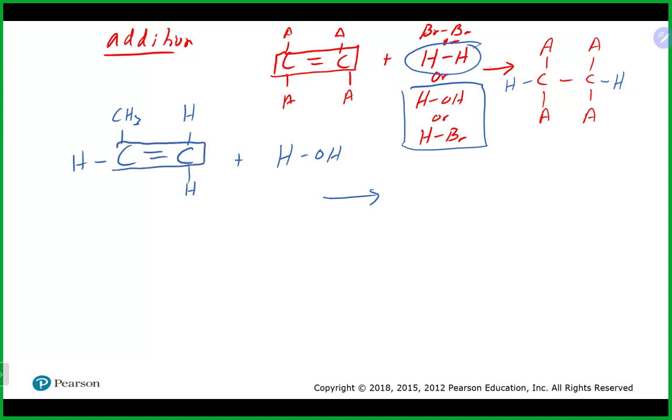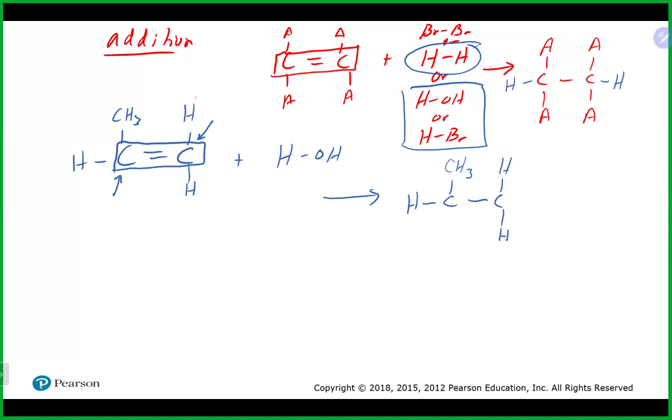We still just make the double bond into a single bond, copying exactly how it's written on the left. But whenever you add hydrogen and another element through this type of reaction, if there is a difference in the number of hydrogens directly attached to the carbons that were in the double bond, then it makes a difference as to where you put the hydrogen.